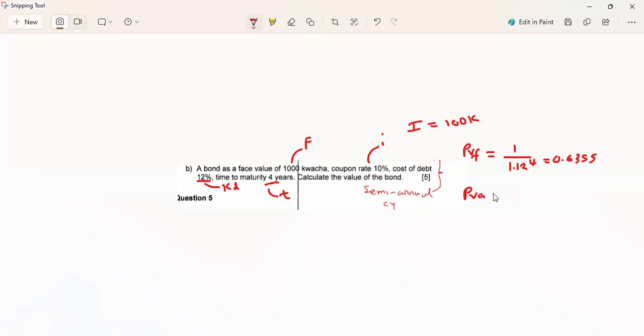So annuity factor is simply 1 minus 0.6355. We divide that by the interest rate, this time the same, 12%, so 0.12. So when you divide that, what do you get? 3.0375.